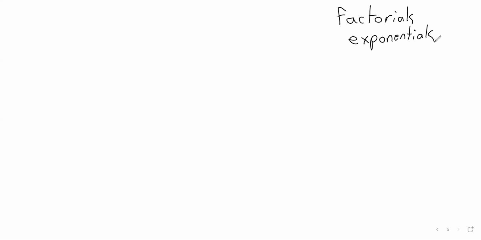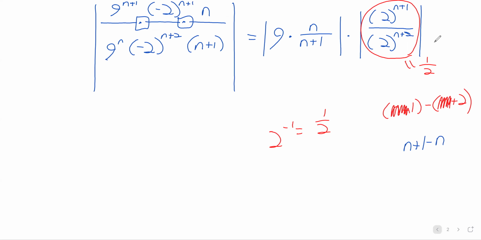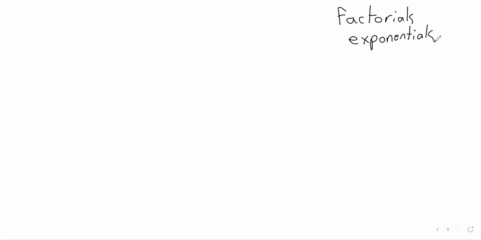To use the ratio test, we need to be able to do quite a bit of simplification. And exponentials simplify really nicely. We just subtract powers. And we saw yesterday that factorials simplify really nicely. So that's my motivation for saying this.